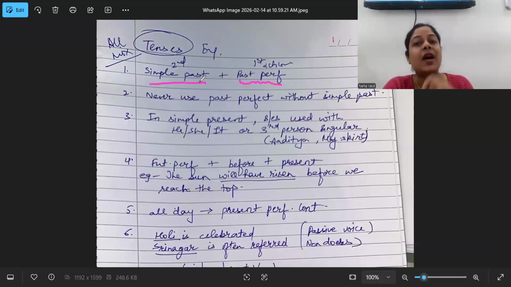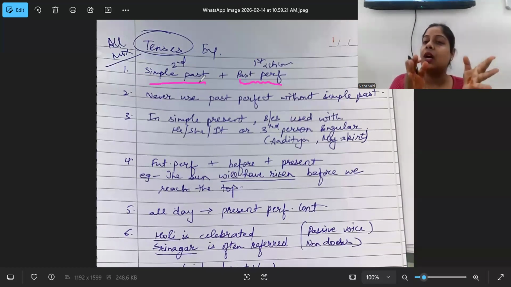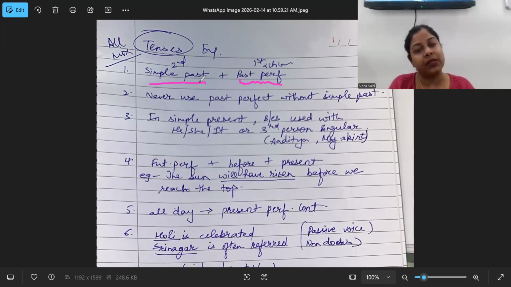So you have to understand that the first sentence or first blank will not always be past perfect. Read the sentence, and then get to know what your first action is and what your second action is. Only there will you be able to get to know that this is your past perfect and this is your simple past.